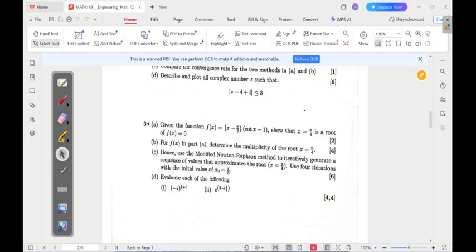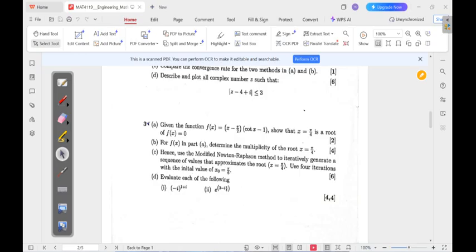Use 4 iterations with the initial value of x naught equal to pi over 6. So this specifies how many iterations we should use, so it makes it much easier. But even when it's open, the number of iterations that you do also determines how many decimal places you are using for your question.